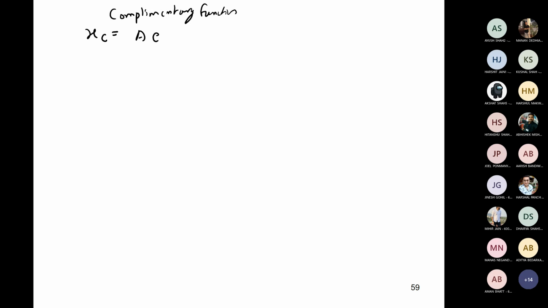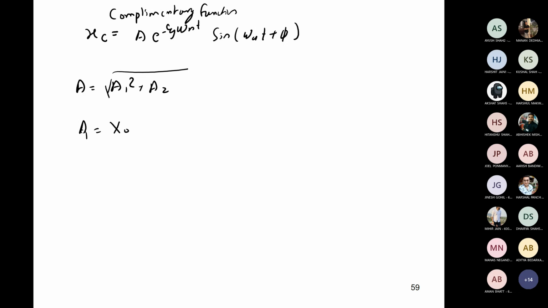So it is A e raised to minus zeta omega n t sine omega d t plus phi. So A is equal to square root of A1 square plus A2 square. A1 is x0, which is equal to 0 because motion starts from mean equilibrium position.